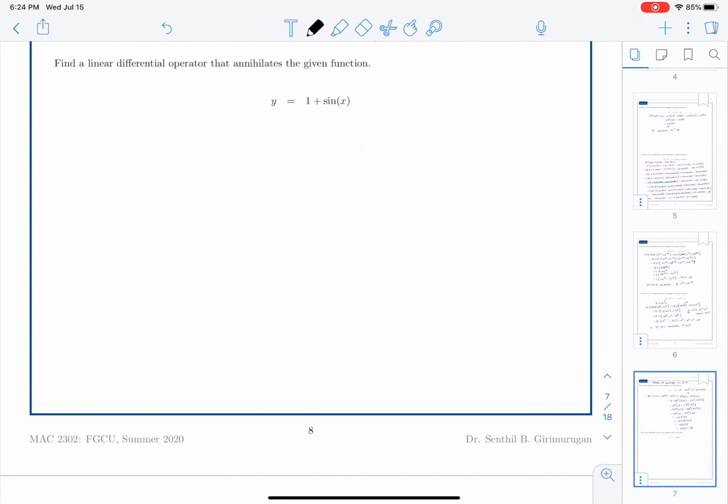So we know D squared plus beta squared annihilates sine beta x. We know that. What would annihilate 1? D would annihilate the constant.